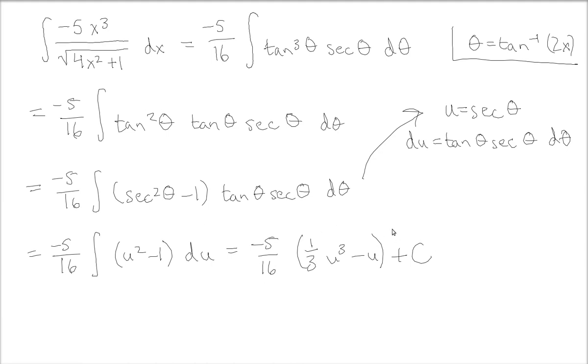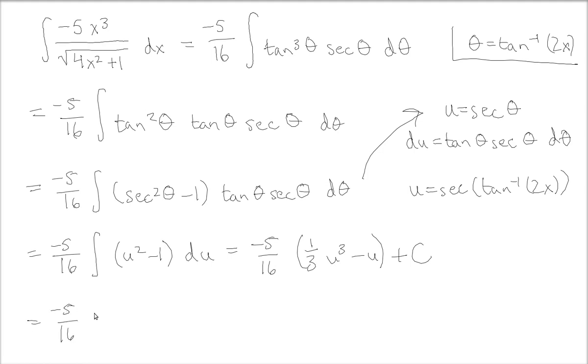So now we've got everything in terms of u, and I want to get back to x. So u is equal to secant theta, and theta is equal to the inverse tangent of 2x. So rewriting u in terms of x, this is what I get, and I can just plug that back in here.